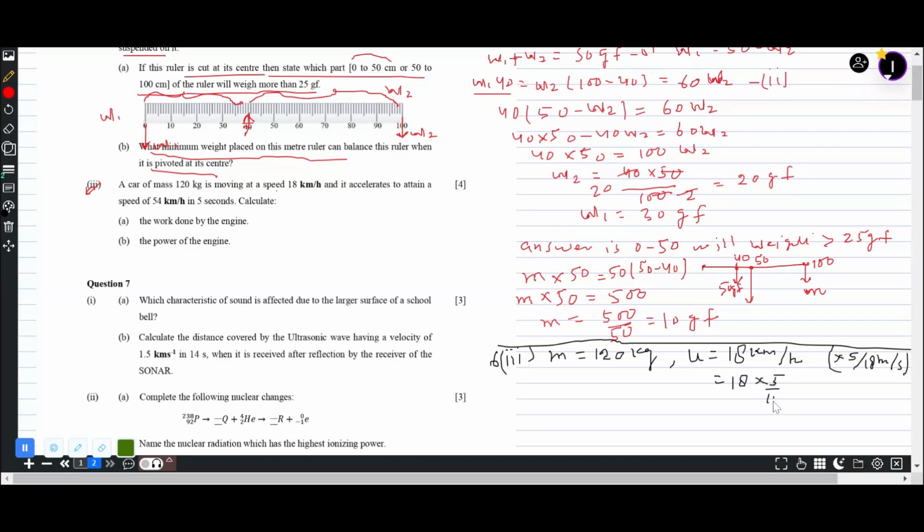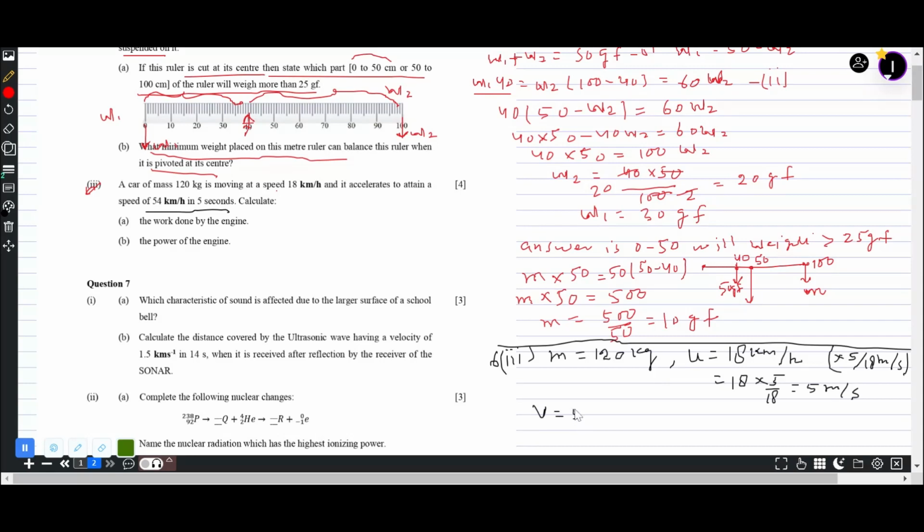18 into 5 by 18 is 5 meters per second, which was the initial velocity. Then it was accelerated and attained a speed of 54 km per hour in 5 seconds. So what is the final velocity?